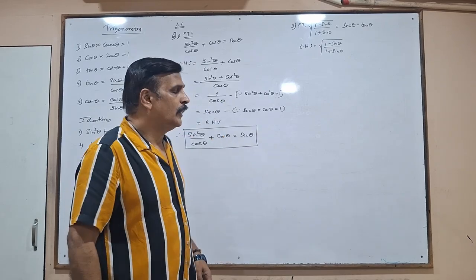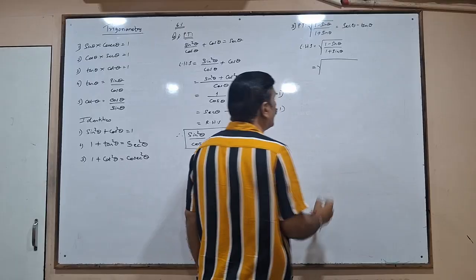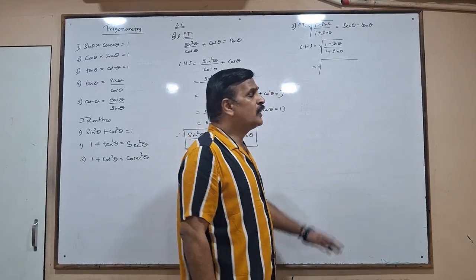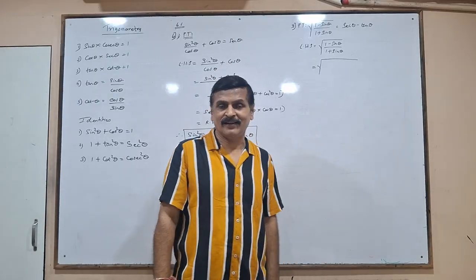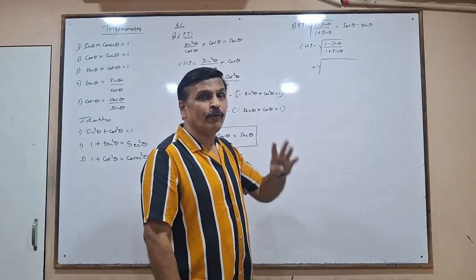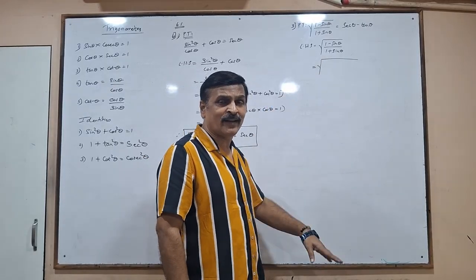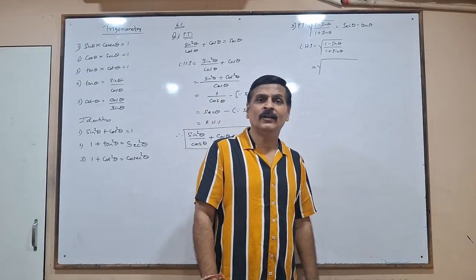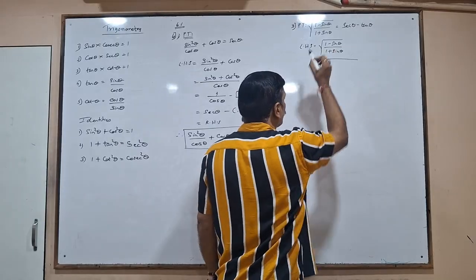As it has a square root and I want to remove it, a square root can be removed only if there is a square inside. Square root of 4 is 2, and 4 is the square of 2. So inside the square root, if there is a square, then the square root sign will vanish. So I have to get a square inside.